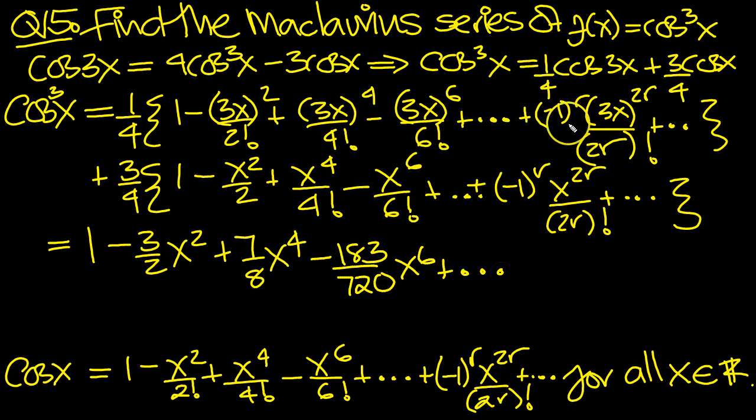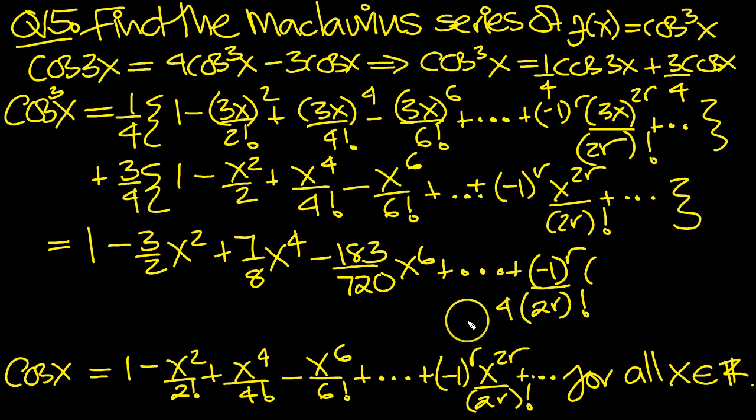Now the general term, well, that would be a minus 1 to the r outside, over the 2r factorial underneath, because that's common to both. We've got an x to the 2r that's common, but in the terms we've got a 3 to the 2r times a quarter. There's a quarter common to both, so we can put the 4 there.